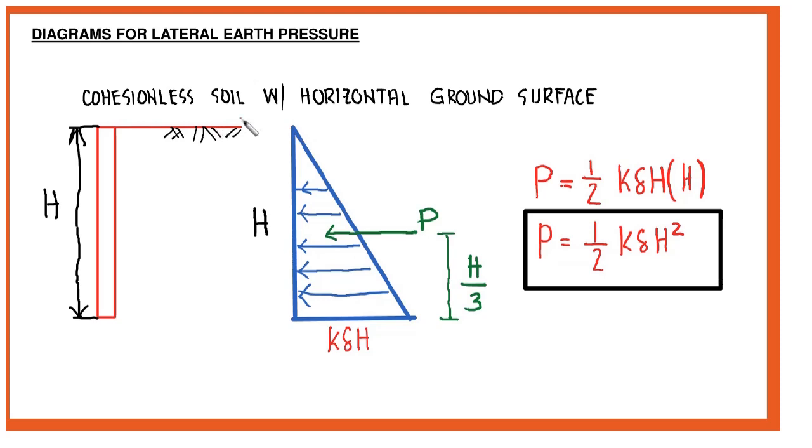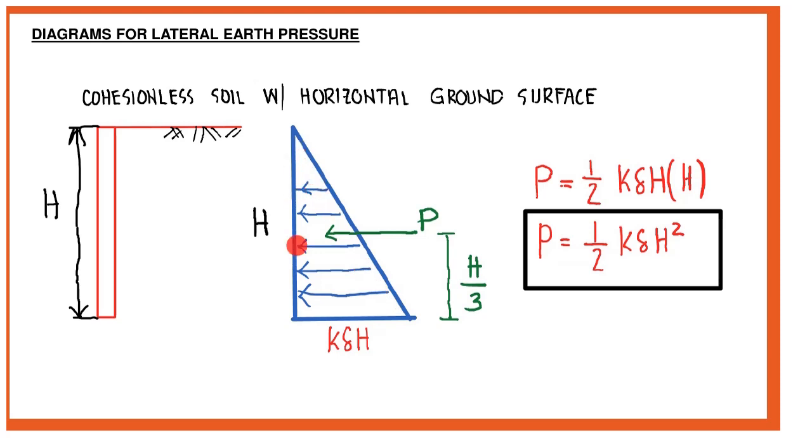So, pag ito yung ground surface natin, 0, and as our depth increases, mag-i-increase din yung ating pressure. So, the pressure here is equal to the coefficient of lateral earth pressure K times the unit weight of the soil times the height. And our resultant pressure, active man yan or passive, is equal to this value.